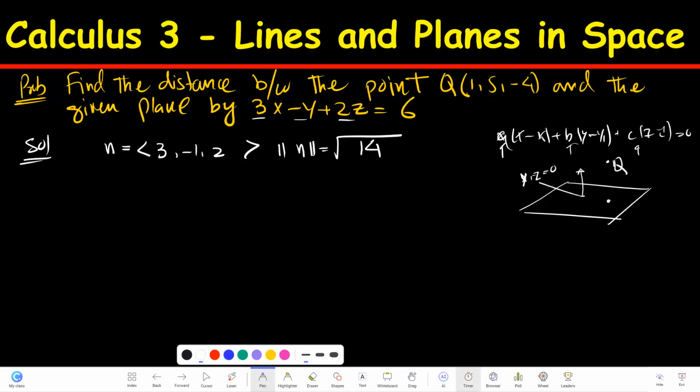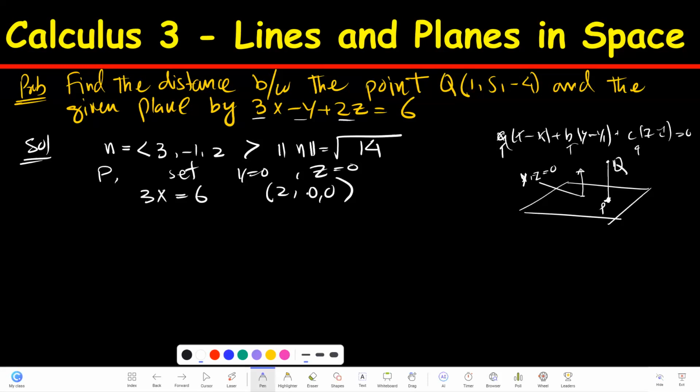So in order to find PQ, I need this point's coordinates. P is not given, right? So I set y equal to 0 and z equal to 0 in the equation. So 3x equals 6, so x is 2, and the point is 2, 0, 0.